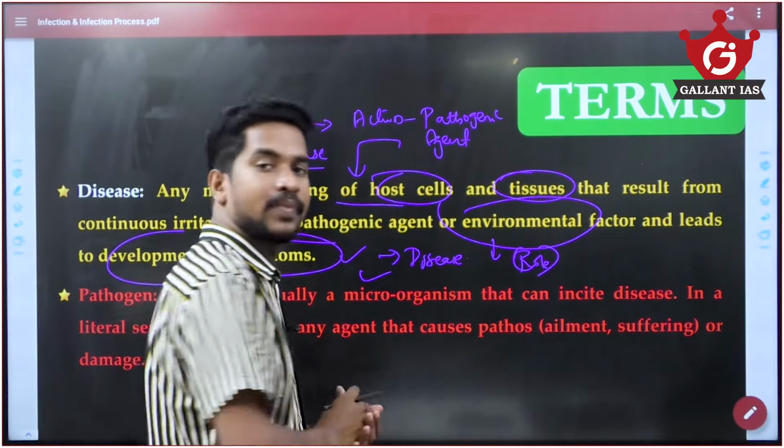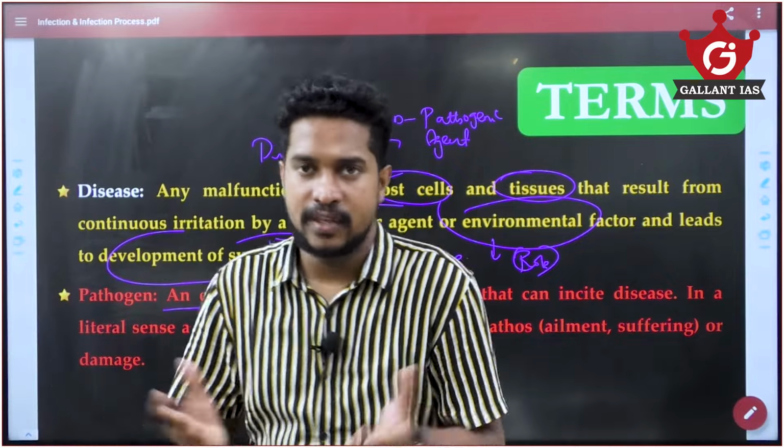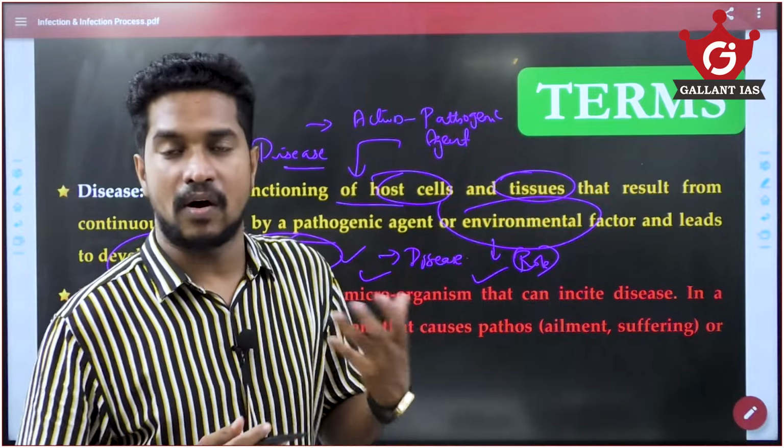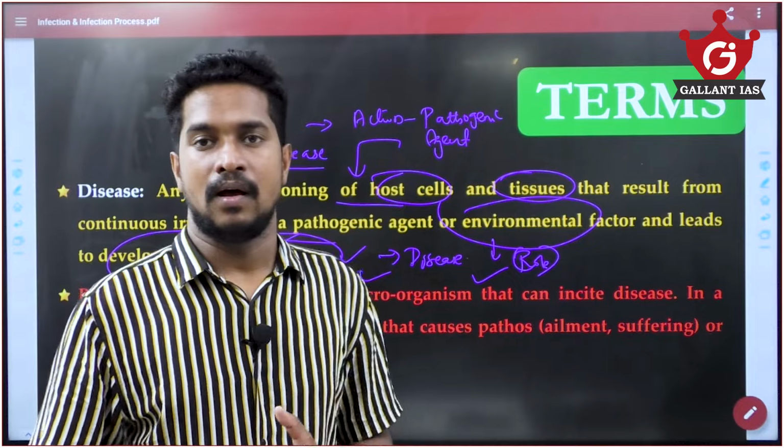Next is pathogen. A pathogen is an entity, usually a microorganism, that can cause disease on a particular plant.